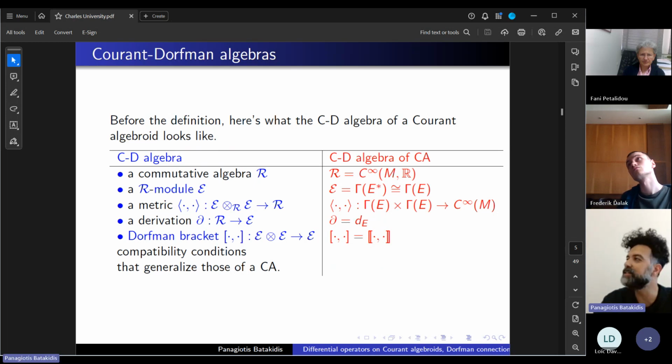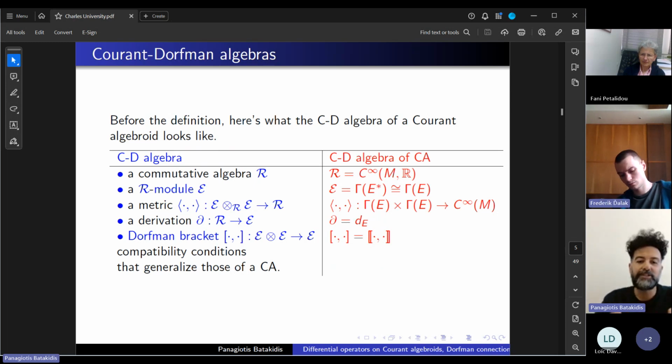Like if you've seen the definition of a Lie-Rinehart algebra, you immediately think of a Lie algebra. It's obvious, and more or less the same thing happens here. So on the left, what you need to define a Courant-Dorfman algebra is a commutative algebra, a module with a metric, a derivation of the algebra with values in that module, and a Dorfman bracket on it.